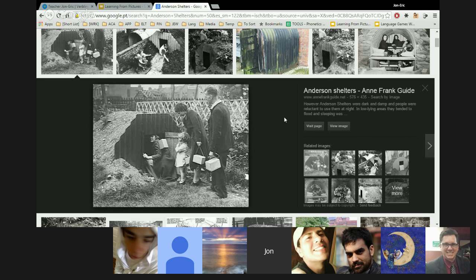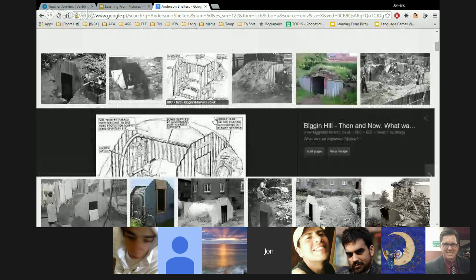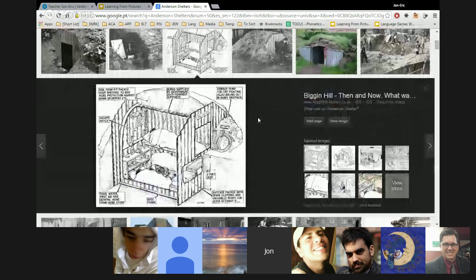I'm not an expert on Anderson Shelters, but look how happy, look how well dressed they are. They've got their little lunch boxes, and they all go into their Anderson Shelter. Is that nice? And you can see here what it actually consisted of. It was like a little two-story shelter. So I think that this was a kit that you would buy.